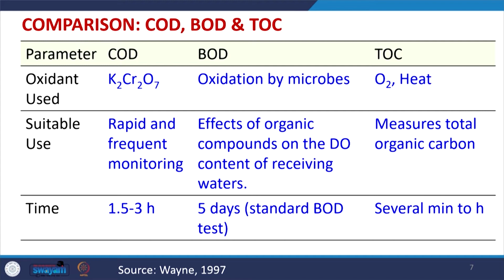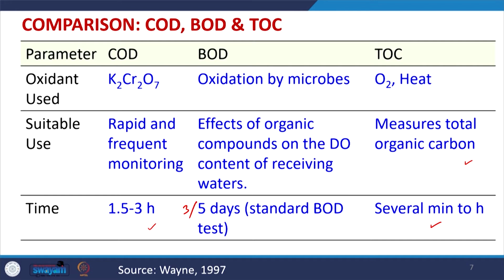Out of these, TOC is the fastest because it measures the total organic carbon, and it takes only a few minutes. In terms of time, COD takes 1.5 to 3 hours and the BOD test may take 3 days up to 5 days. So, it is 3 to 5 days for the standard BOD test.